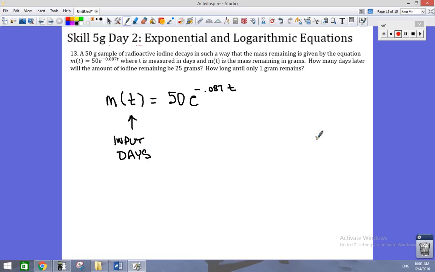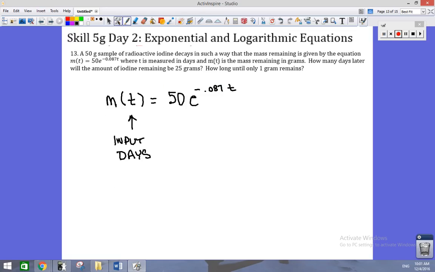And the output is the mass, and initially you started with 50 grams. So when t is equal to 0, then this exponent is 0 and e to the 0 is 1. So our mass is 50 grams.